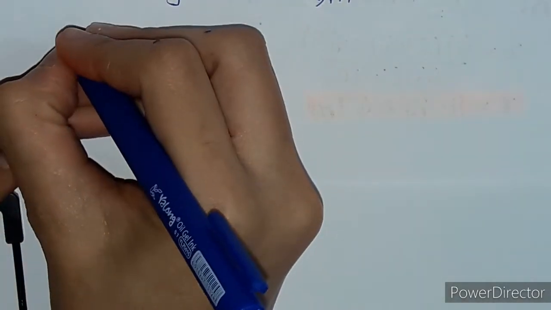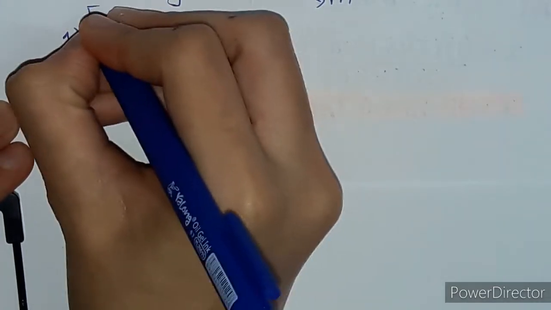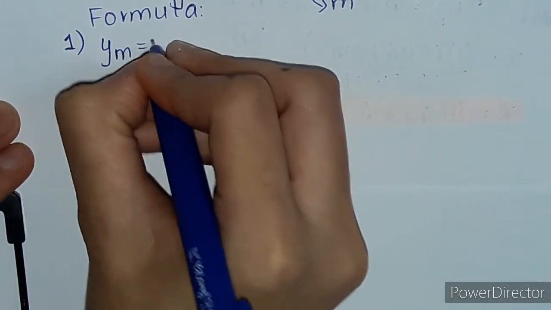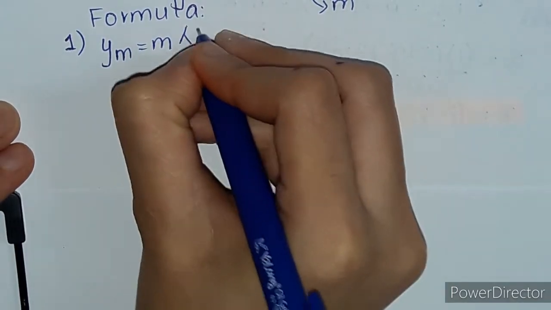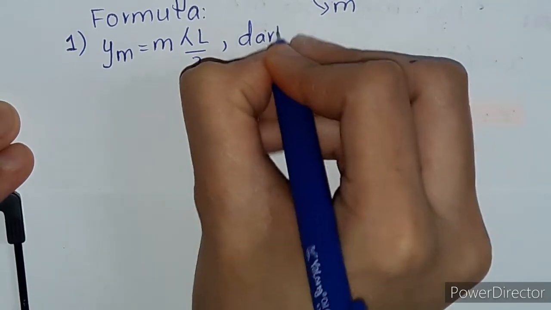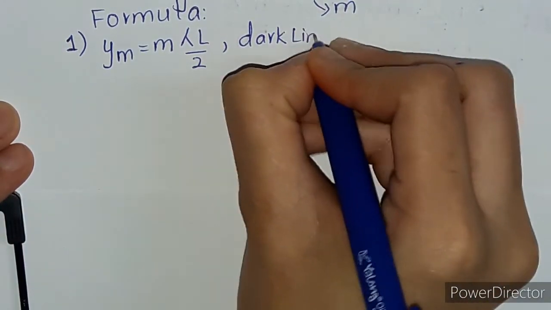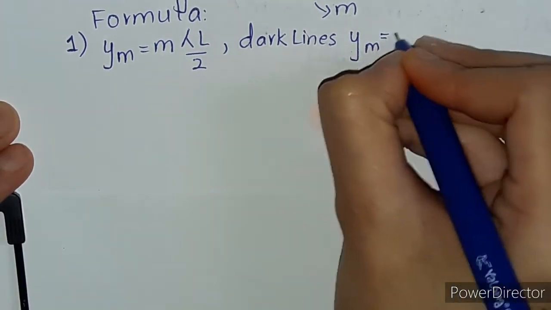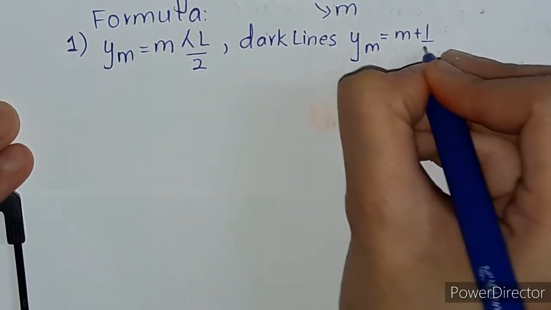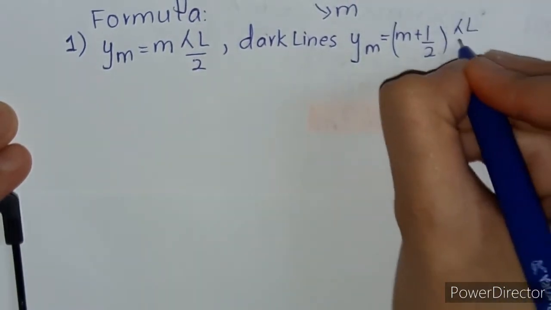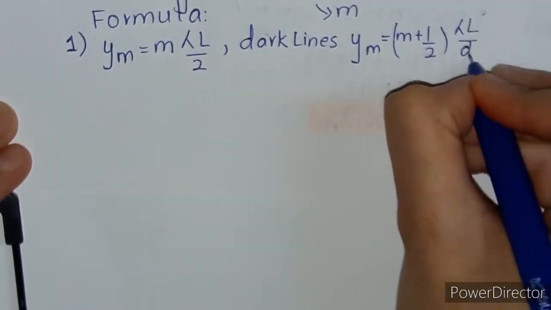So the first formula which is used is y m is equal to m lambda L divided by d for the bright fringes, and for the dark lines the formula is y m is equal to (m plus 1 divided by 2) into lambda L divided by d.